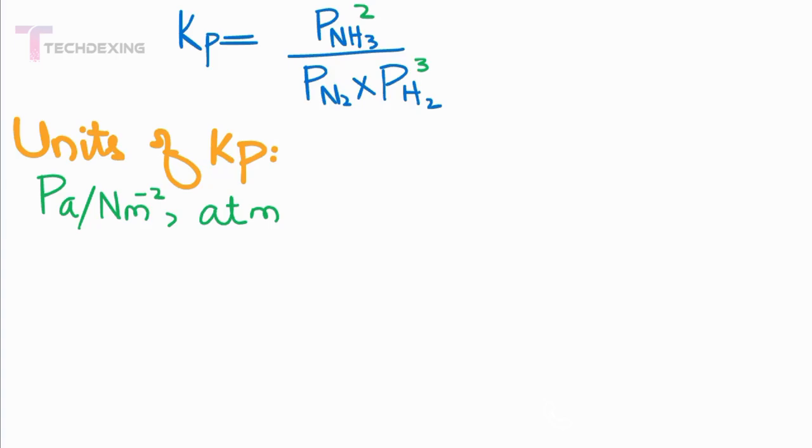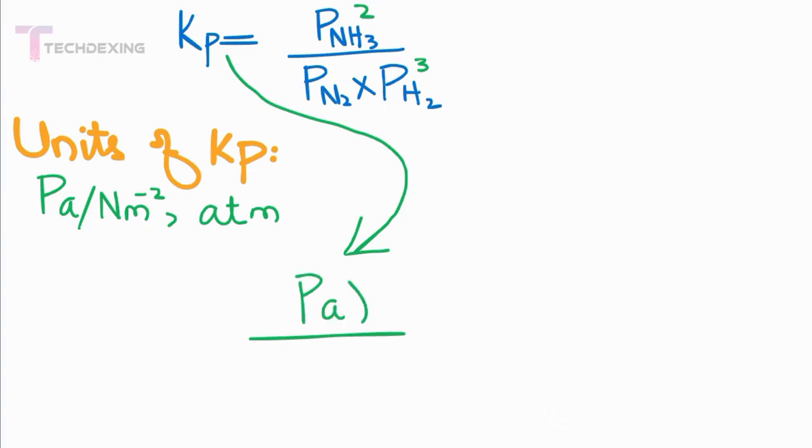If you want to write down the units for Kp, you have to use the same strategy we use for finding the units of Kc. So we put the units of the partial pressure of ammonia, partial pressure of nitrogen, and partial pressure of hydrogen. In the numerator you write Pascal and its square.